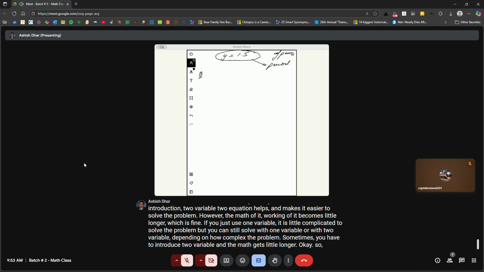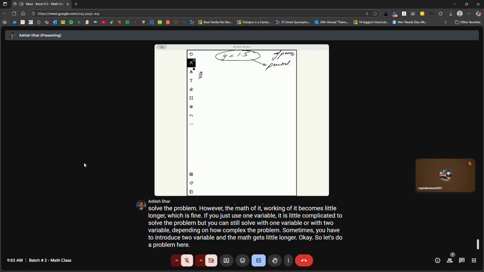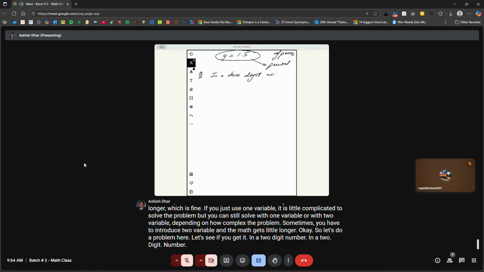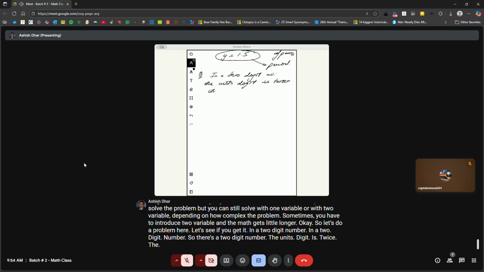Okay, so let's do a problem here. Let's see if you get it. In a two-digit number, the units digit is twice the tens digit.